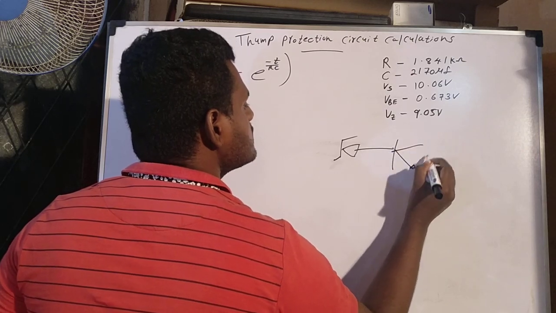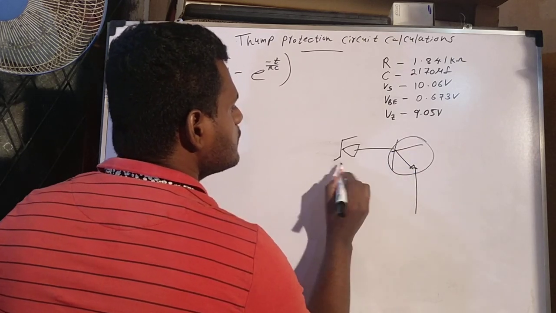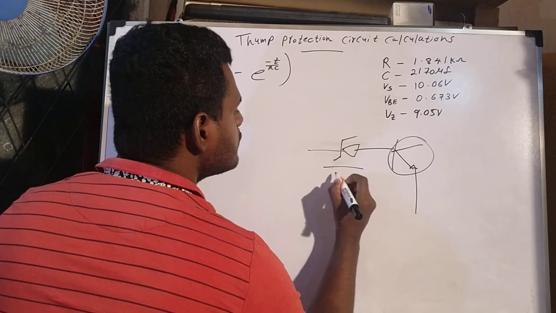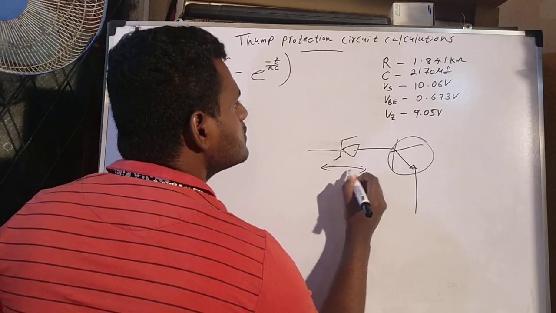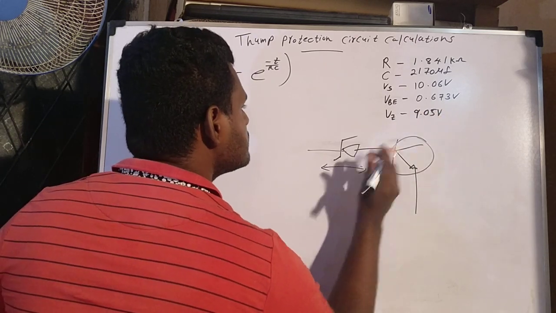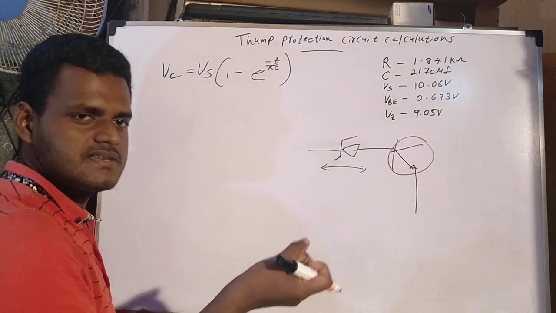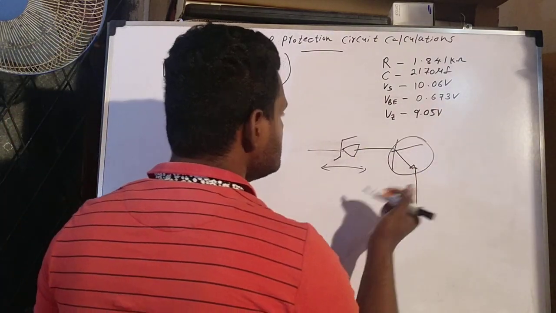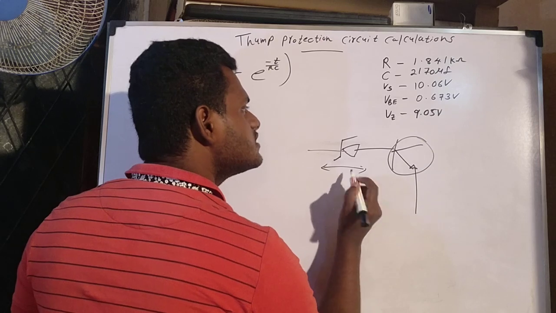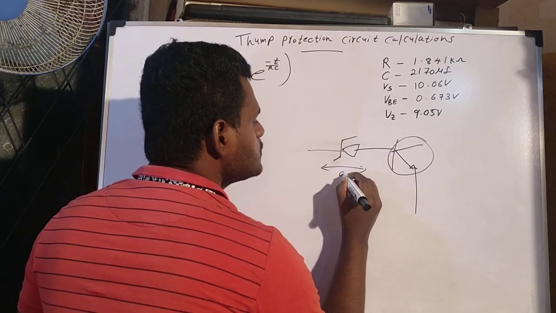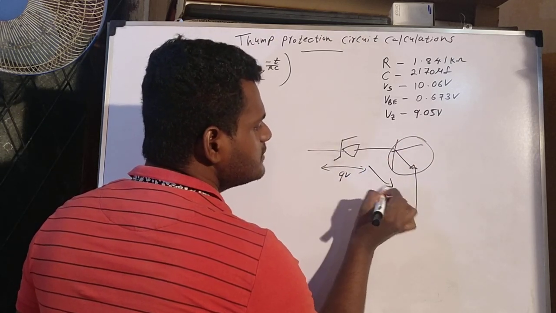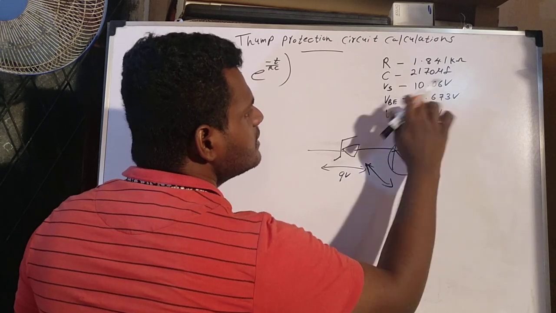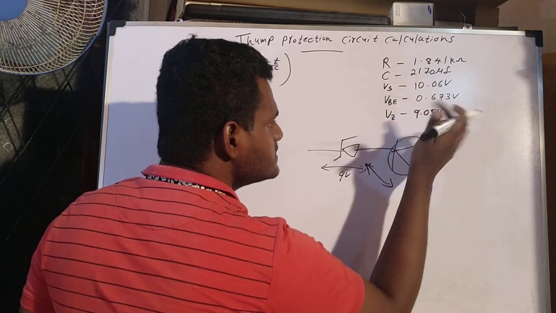This is our circuit. Here the voltage I'm taking as 9 volts, because 5 millivolts is not usable. It does not affect our circuit, so we neglect it. And this voltage I'm taking as 0.67 volts.